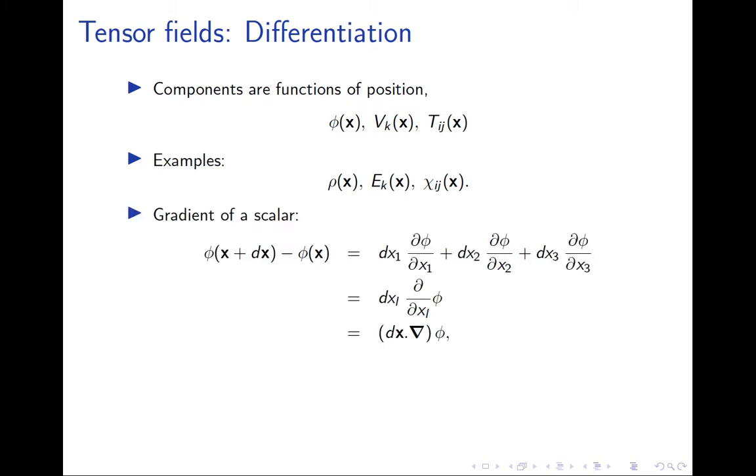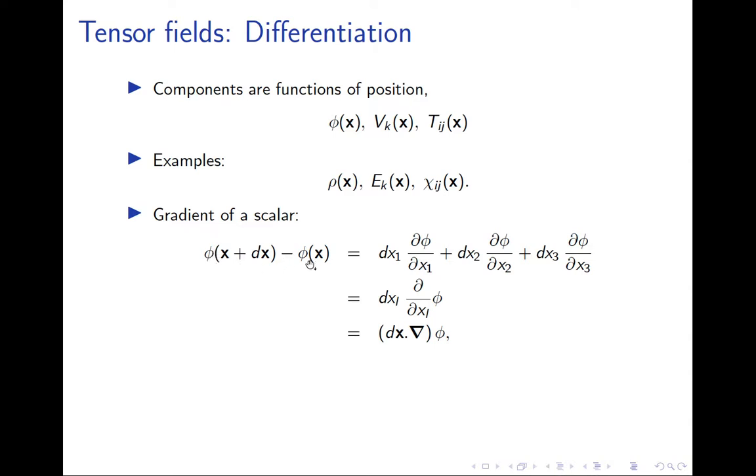So it makes sense to define something which is known as the gradient of a scalar, okay? So what do I mean by that? Let's start with the difference in the value of the scalar when I go from location x to x plus dx. dx is a small quantity. If I change the location from x to x plus dx, because this is a scalar field, at x plus dx there is a new scalar sitting there.